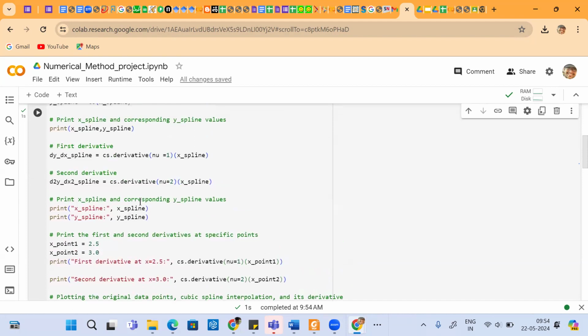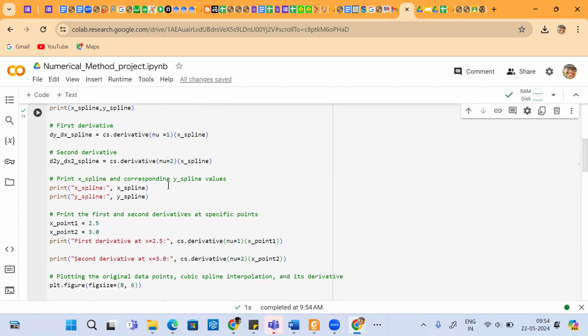And for finding the derivative, we just need to call cs dot derivative, where nu is equal to 1 means the first derivative and nu is equal to 2 means the second derivative, of x spline.